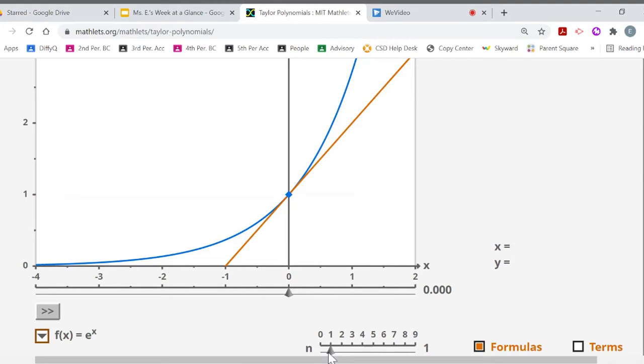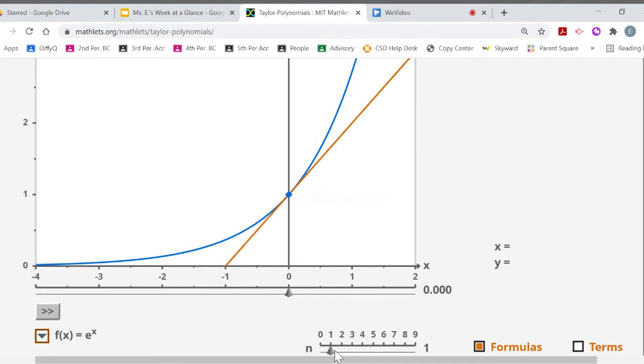So let's go back. Here's your first degree. Now notice that the line graph, this first degree guy, is a better approximation for e to the x. At least the neighborhood in which this is a good approximation is growing. The last one was only good right at zero.